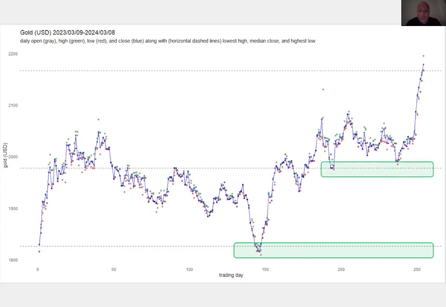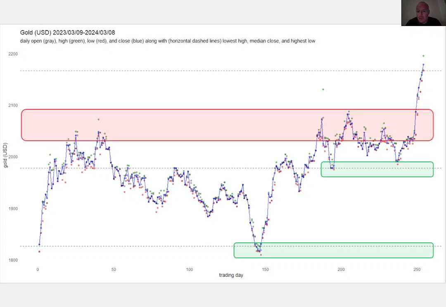Then more recently we also saw support around an old resistance level close to the $2,000 per ounce area. And this week we definitely saw a breakout from the resistance area in red, giving more evidence for an uptrend, which for now can be summarized more or less like this.